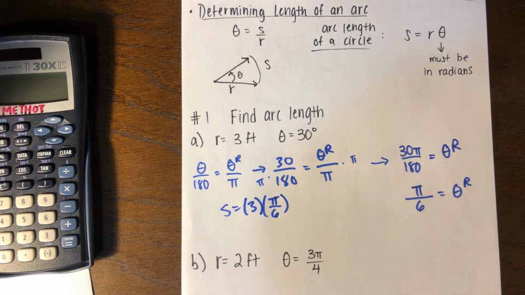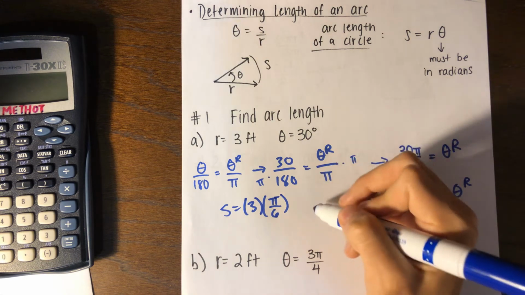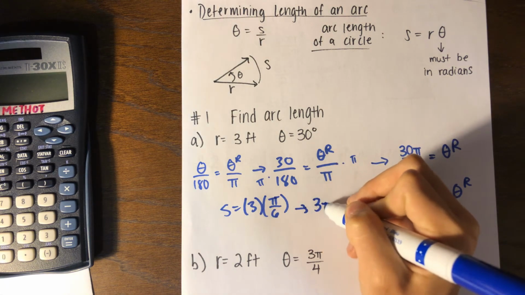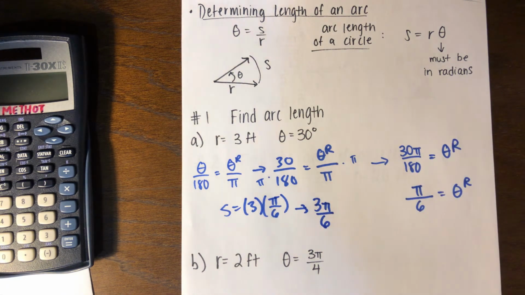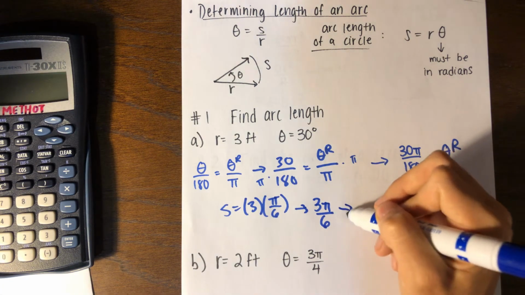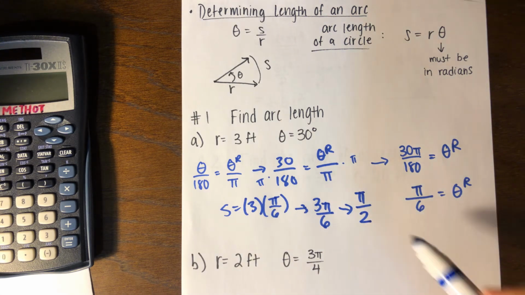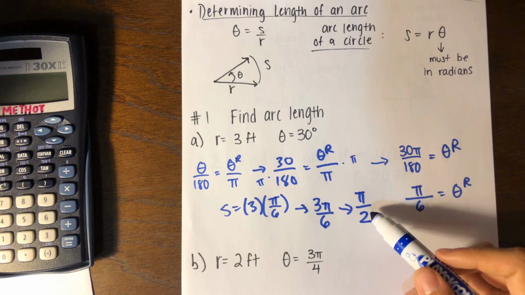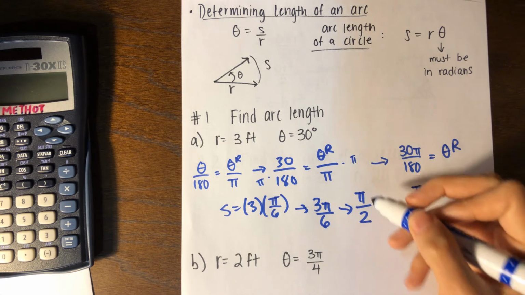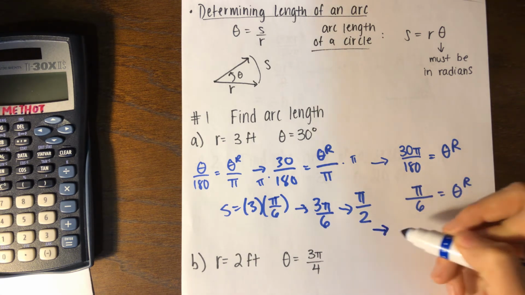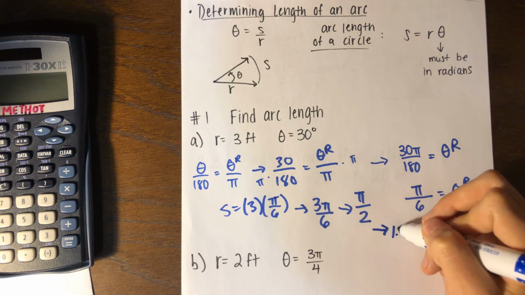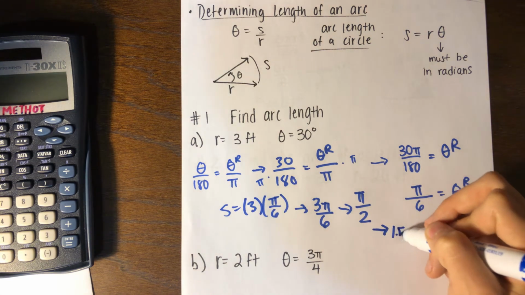So when I multiply these, I would get 3 pi over 6. Can I reduce that? If I divide by 3 on both sides, I'm left with pi over 2. And when we're talking about arc length, if we want to leave it in radians because we're dealing with a unit circle, we can, but if you do pi divided by 2, you should get 1.57.